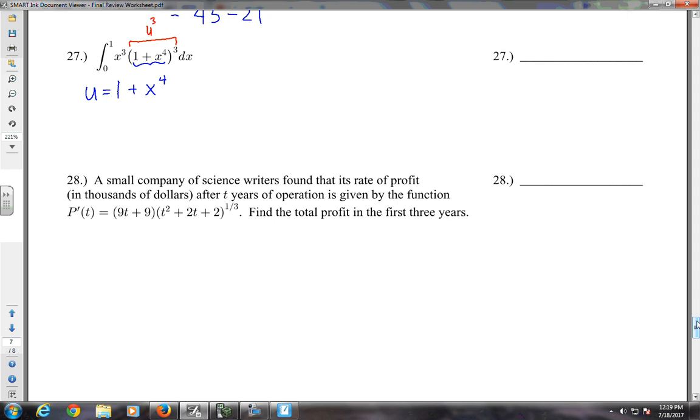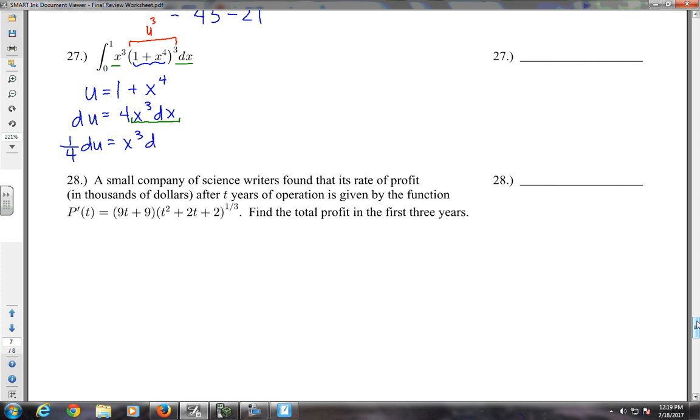As always, let's differentiate both sides of our substitution statement. And we're looking at leftovers. The leftovers in the integral are x cubed dx. I want to make sure the right side here looks exactly like the leftovers. So I'm simply going to divide both sides by 4, or think of it as multiplying both sides by 1/4.